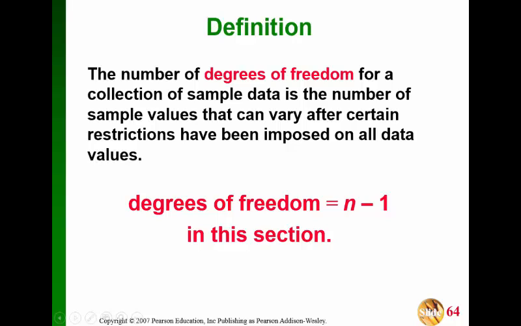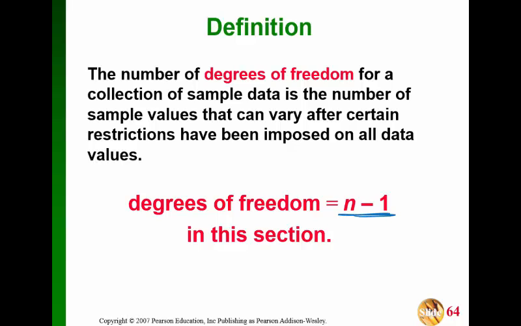Now, the definition of the student t distribution had that V-looking letter, and that is defined to be the degrees of freedom. So the number of degrees of freedom for the sample that you would have collected for your study is going to be defined by n minus 1.